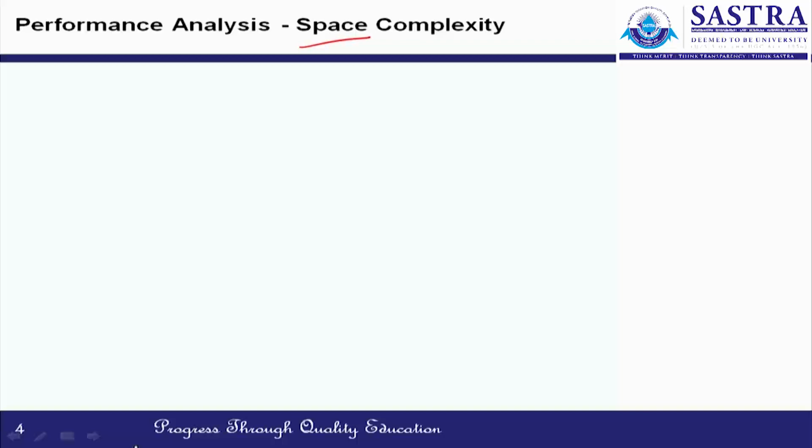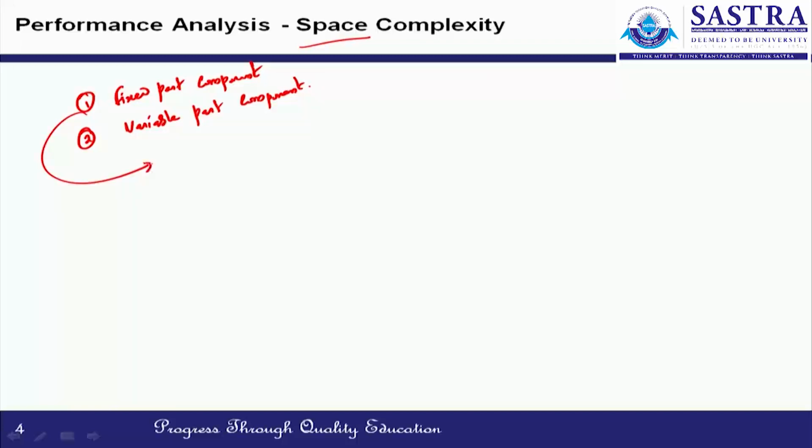In general, the space complexity of an algorithm consists of two important components. One is a fixed part component, second one is a variable part component. What is a fixed part component?